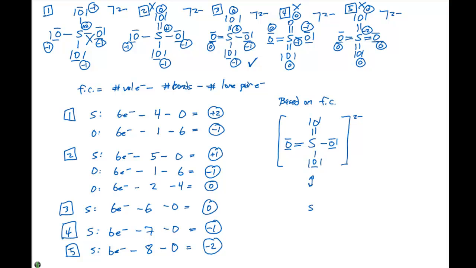Because this sulfur can be drawn with a double bond at the top and the bottom, or we could draw our double bonds over here on the right and on the top.